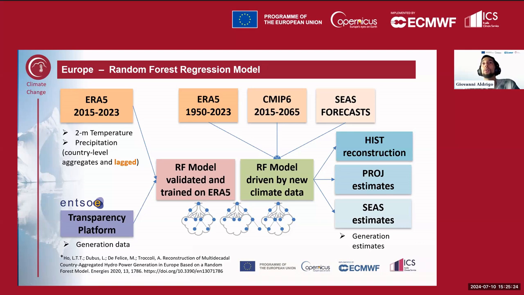And then also seasonal forecasts and hindcasts. So again, the three data sets that are obtained this way are the historical reconstruction, the estimates for the projections, and the seasonal forecast, all in the format of generation.